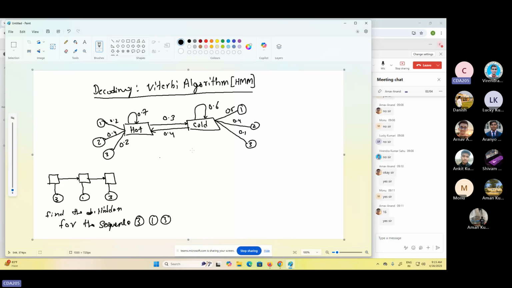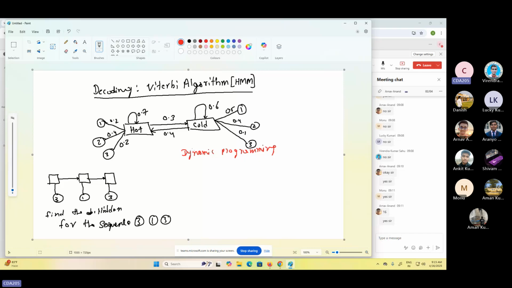So this we will solve by dynamic programming. What do you mean by dynamic programming? Can anyone tell? A bigger problem will be divided into smaller modules, and they are executed in parallel. Okay.